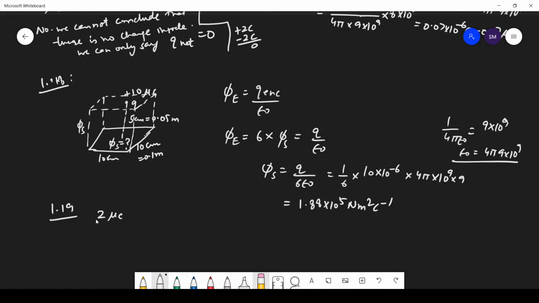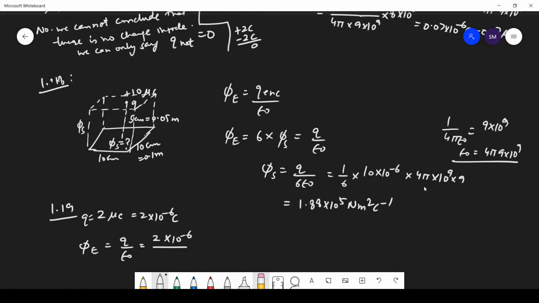So Q is 2 microcoulomb here, that's 2 into 10 power minus 6 coulomb, and according to Gauss theorem, phi E is equal to charge enclosed by epsilon naught, and the charge here is 2 into 10 power minus 6.